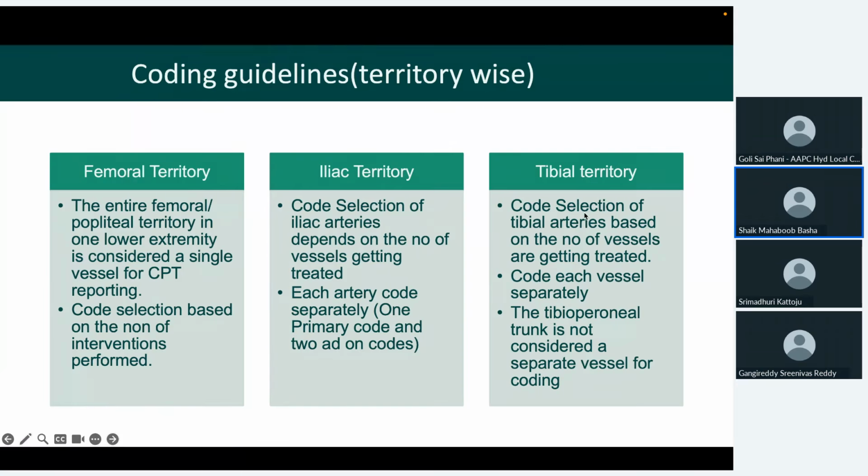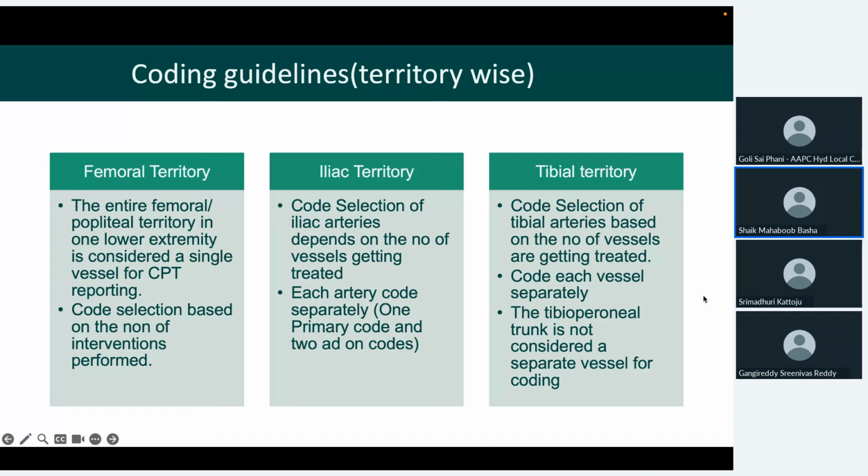Then the tibial territory. Again, we do have add-on codes in the tibial territory. That is the reason the code selection of tibial arteries is based on the number of blood vessels getting treated. Code each vessel separately. We do have one artery in the tibial family named the tibioperoneal trunk, which is not considered a separate vessel. It is an inclusive part of the anterior tibial artery and other arteries.